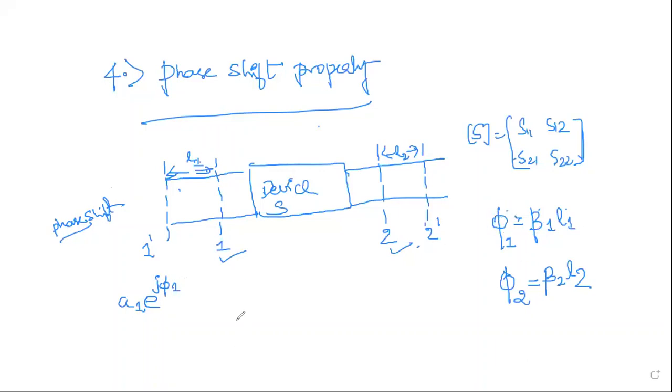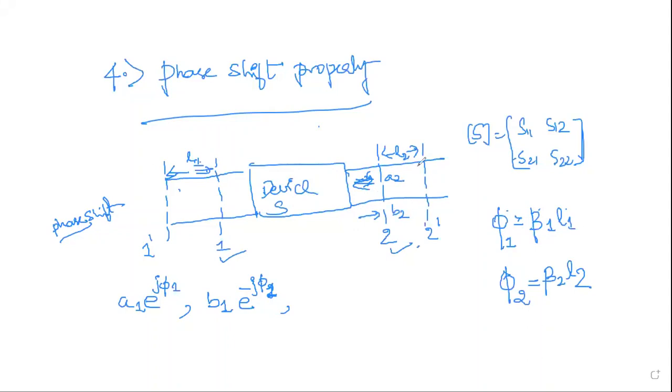Similarly, the reflected wave B1, since it is reflected, is multiplied by e to the power minus j phi1. Next, for port 2, incident will be A2 and reflected will be B2.